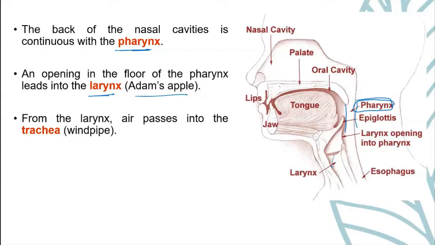Okay, and then from larynx it enters the next airway, which is the trachea or the windpipe. Okay, so kena ingat lah, nostril, nasal cavity, pharynx, and then larynx, and then the trachea. Okay.